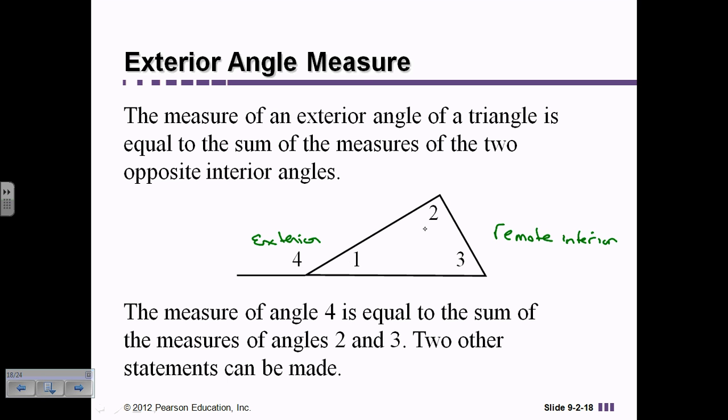And so what the exterior angle theorem says is that if I add these two angle measures together, they will equal that exterior angle. So the measure of angle 2 plus the measure of angle 3 is going to equal the measure of angle 4.